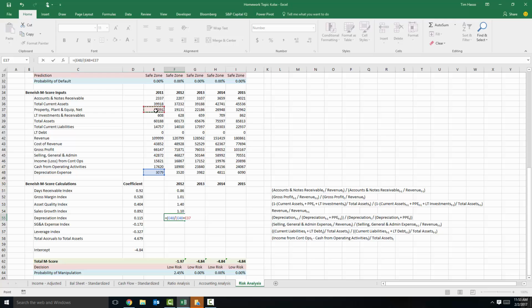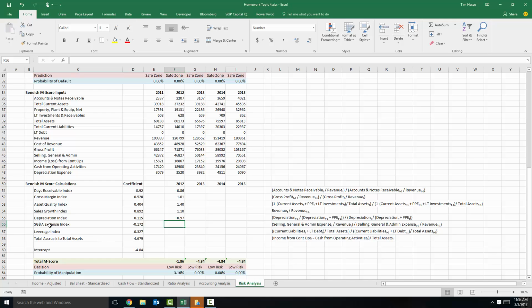Then you close that bracket, and then close another bracket, and then divide that sum by the similar formula, but for this year. So again, open up the bracket, take the depreciation expense, divided by, open up the bracket, depreciation expense plus PP&E, and then close two brackets at the end. Press enter and you get 0.97.